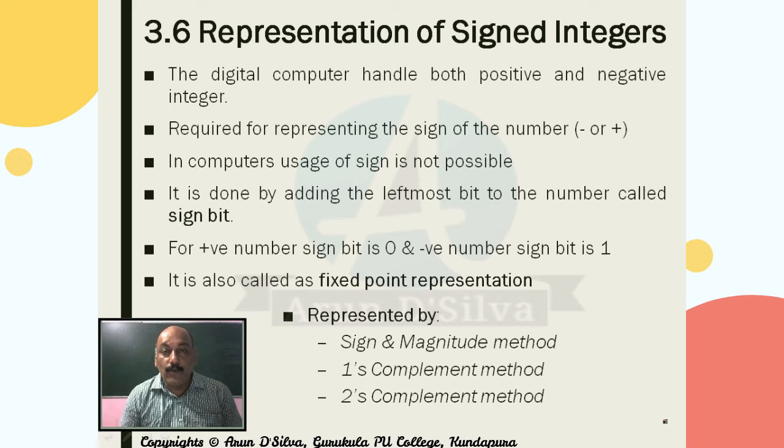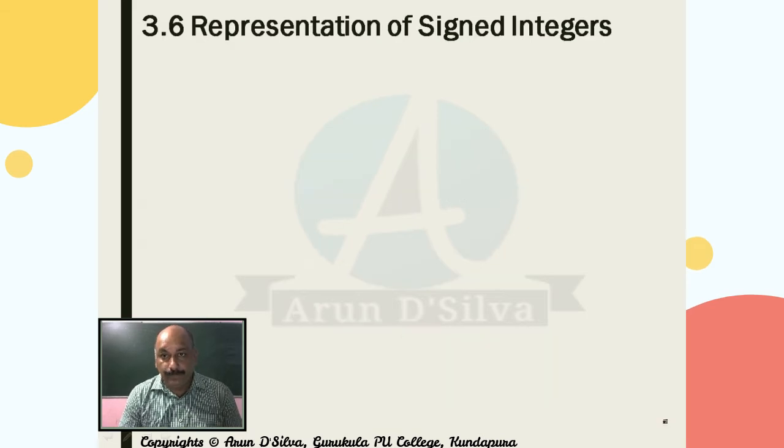Let us move to the next slide, where I can give you more information about these methods one by one. So first let me take the sign magnitude method. Let me take a simple number before going into this, that is 85 in decimal. What is the value of 85 in binary?